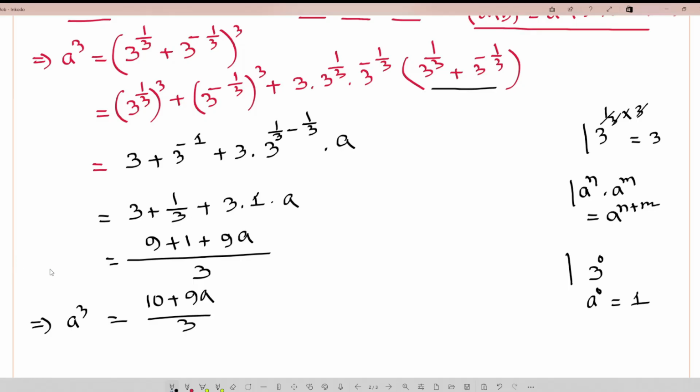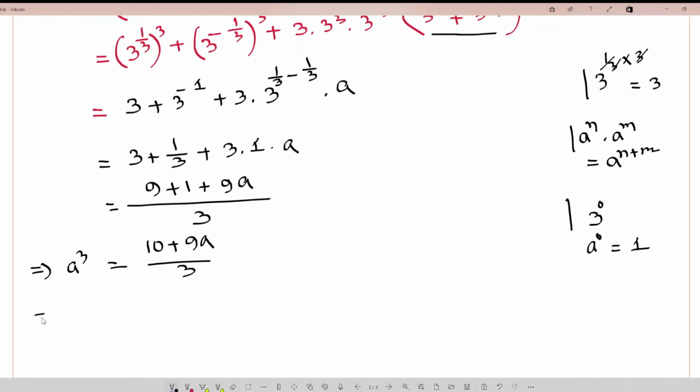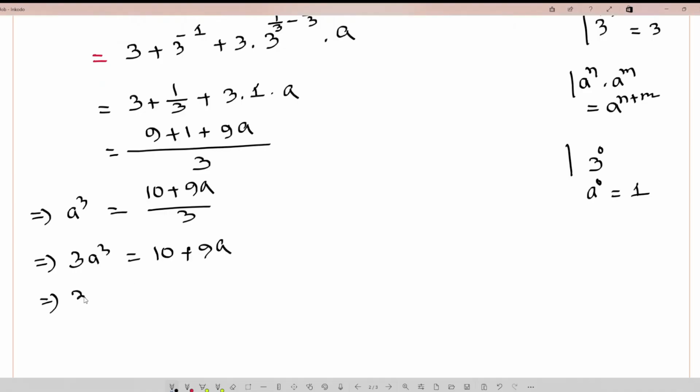Now cross multiplication, so 3a cube equals 10 plus 9a, and finally 3a cube minus 9a equals 10.